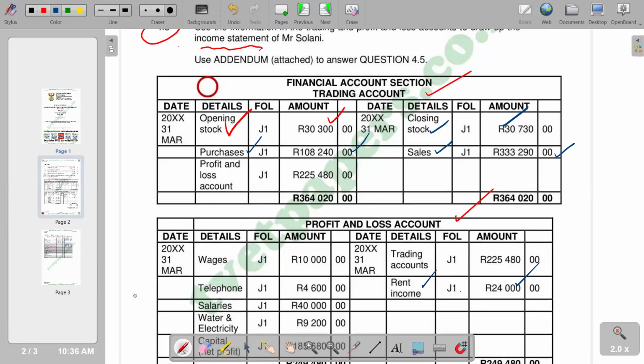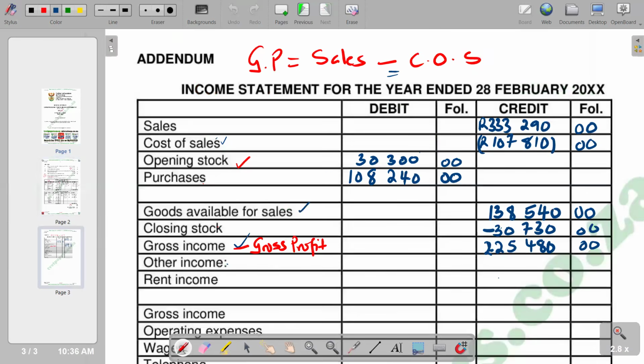So we just input our 24,000. So with that, we only have one other income. So it means we put our other income here as 24,000, which is the total of other income.